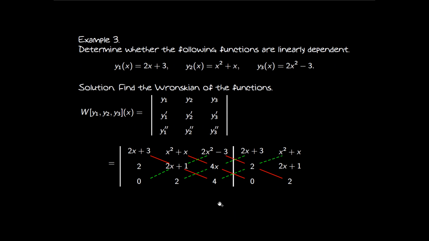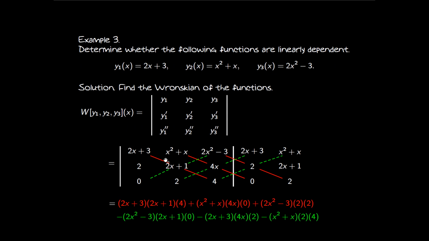So for the first 3, we get a product with a positive sign, which we don't usually write, and for the second 3, we have the products here with a plus sign. Then the last 3 in the diagonal direction also have a plus sign. For the inverse direction, we have a negative sign in front of them: the product of the first 3, the product of the second 3, and the product of the last 3.